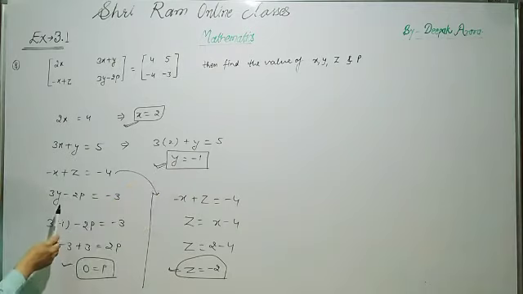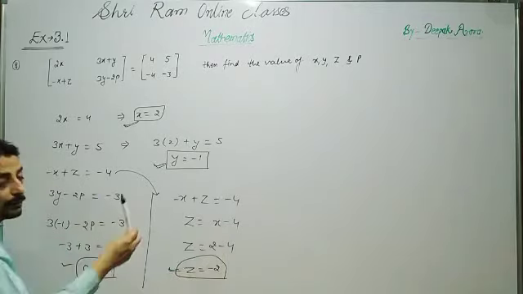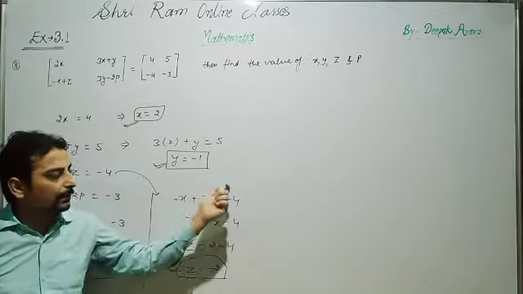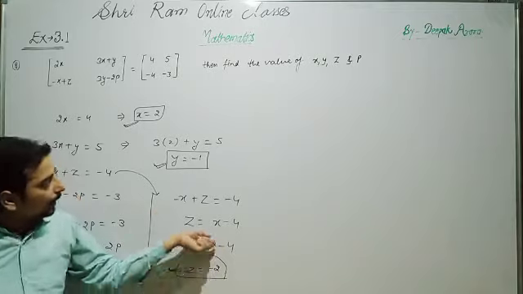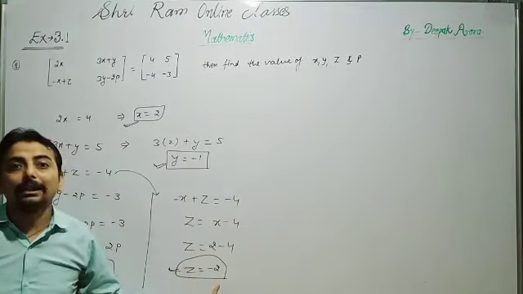In equation 4, 3y minus 2p is equal to minus 3, the 2p is transferred with a positive sign and minus 3 transferred as positive, minus 3 plus 3 is 0, then p is 0. And minus x plus z is equal to minus 4. Then we find the value of z: minus x is transferred to a positive sign, x minus 4, and the x value is 2, then 2 minus 4 is equal to minus 2.